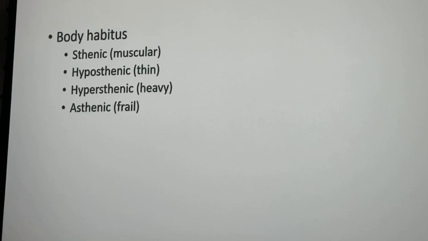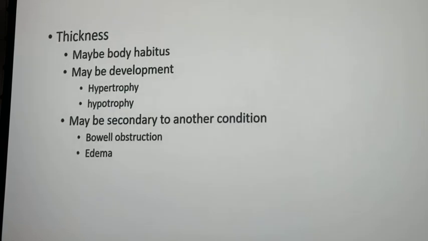So the difference between those two would be, your sthenic patient would be somebody who's more into weight training and things like that, as opposed to a hyposthenic patient would be somebody with a swimmer's build or a runner's build. Hypersthenic would be very big, asthenic would be very, very small. So your nursing home patients that are kind of emaciated looking, there's your asthenic patients, as opposed to your really big patients, your hypersthenic patients.